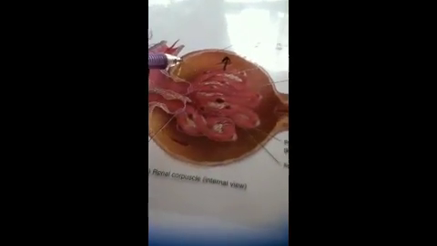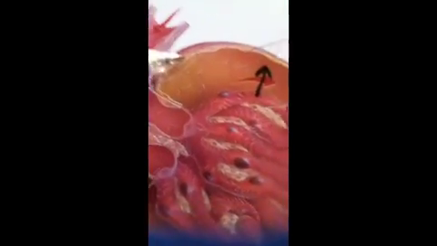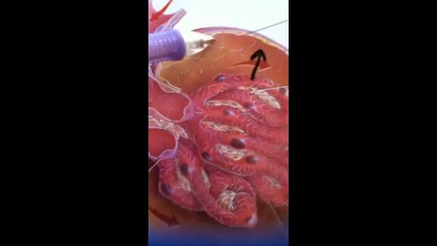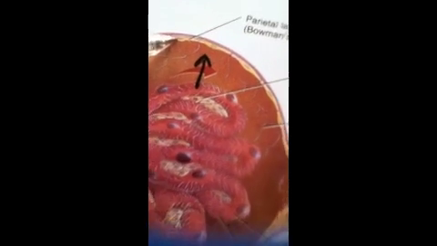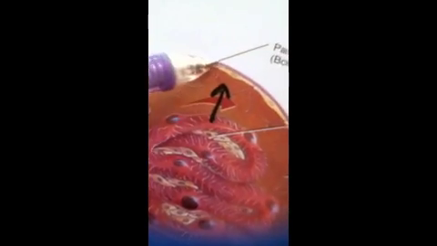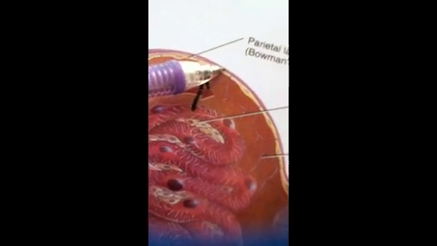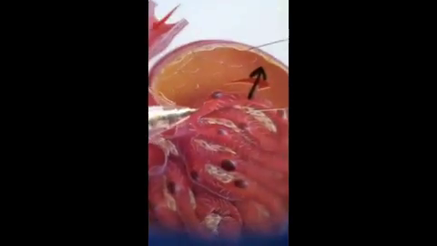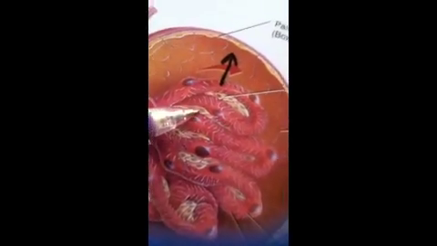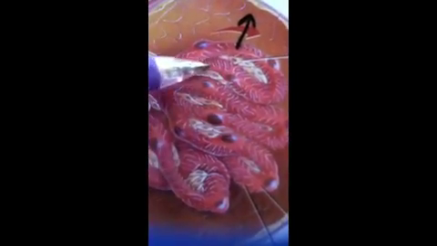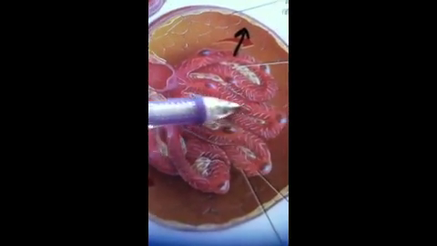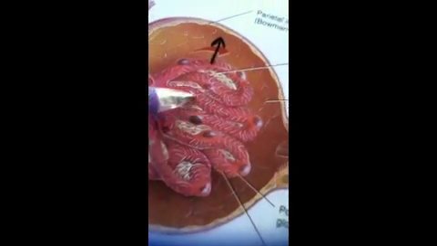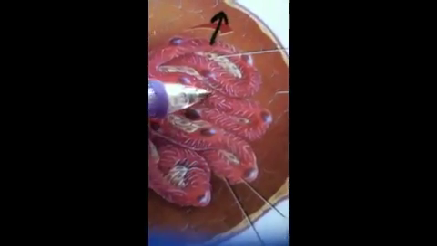If you look at the epithelium that makes up this parietal layer, you can see that each of the little cells are really flattened or squashed. So the parietal layer is made up of squamous epithelial cells. And then you have the visceral layer. They've removed most of it in this picture so that you can actually see the capillaries. But the visceral layer is going to be right here on top of the capillaries themselves.